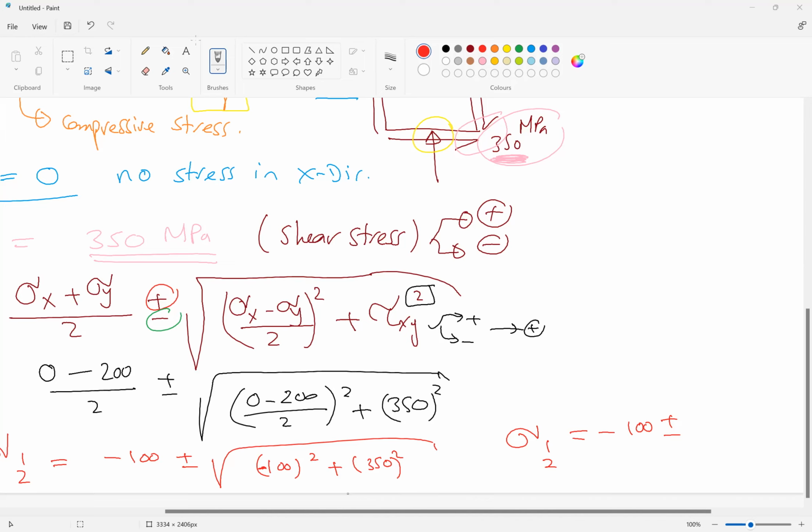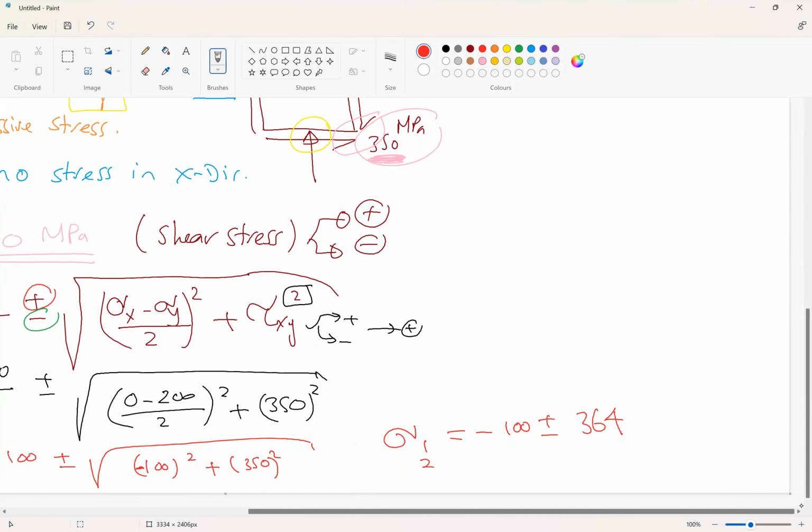So we have 100 squared plus 350 squared under root, so it will be plus or minus 364.